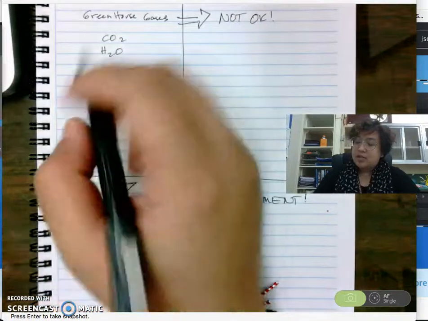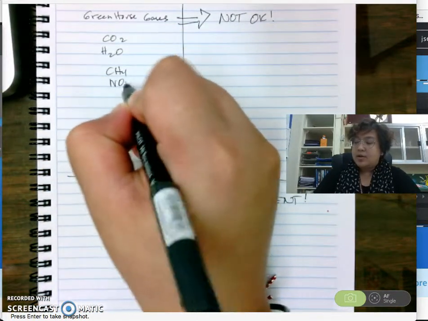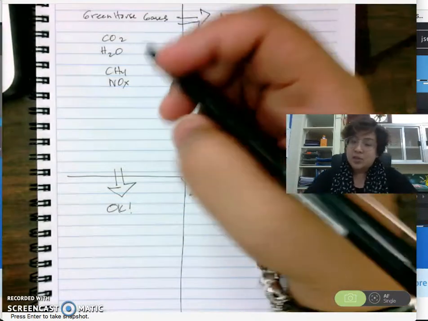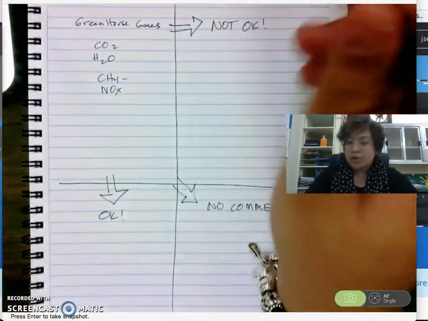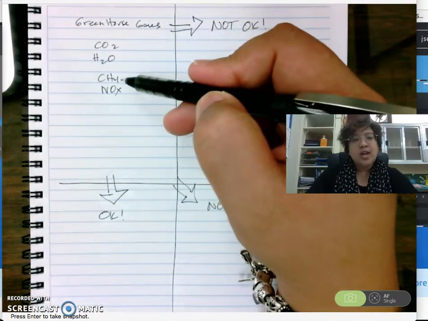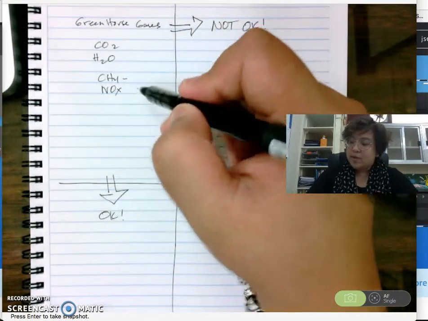The other greenhouse gases that you need to know are methane and oxides of nitrogen. I'll put NOx there. Methane, as mentioned in 4.3, is released by anaerobic microorganisms, and we find this in marshland, peat, and waterlogged soil, so it's released back into the atmosphere.